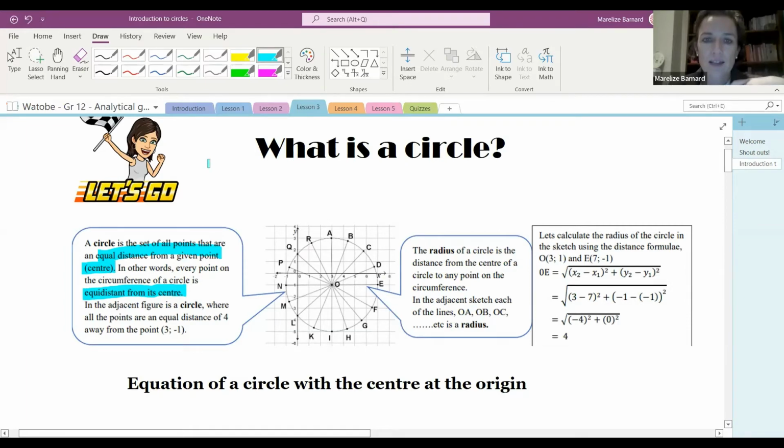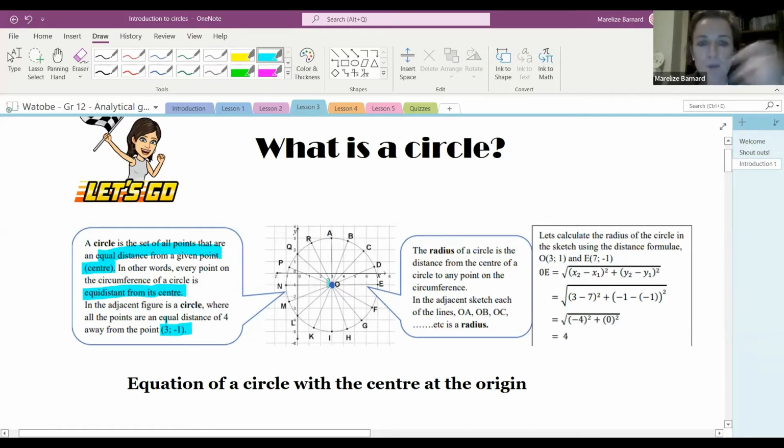So if you look at our example here, this circle with A, B, C, D, E, all the way around to R, those points are all on the circumference of the circle. The center of the circle is O. It is over here. I hope you can see that. And that point actually has coordinates. In this particular instance, the center of the circle has coordinates (3; -1).